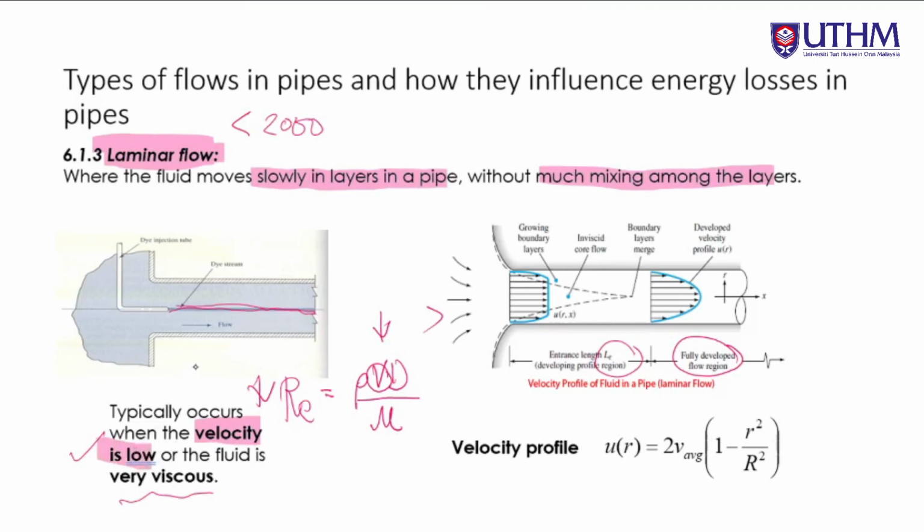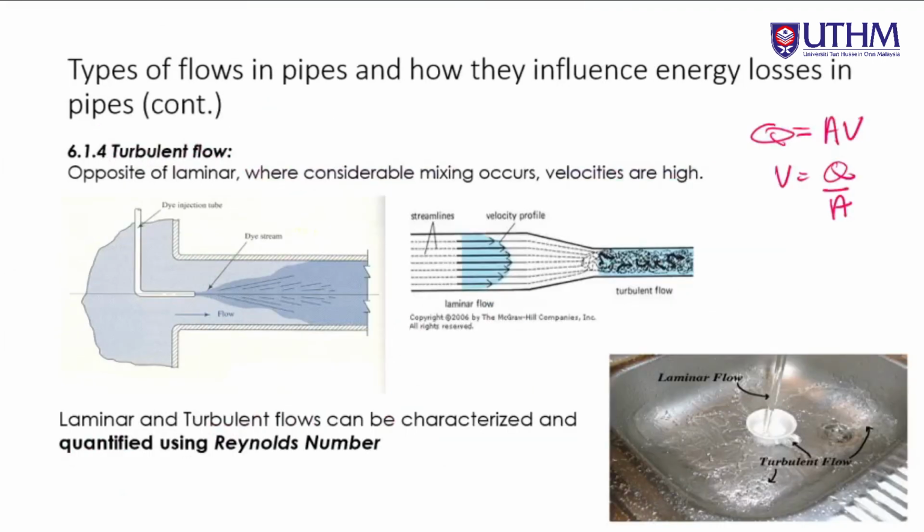Okay, alright. And this is, let's say, kita nak dapatkan velocity profile lah. Okay, alright. So next is turbulent flow. And turbulent flow ni, it is opposite of laminar, of course, where dia ada considerable mixing occurs, and the velocities can be considered high.